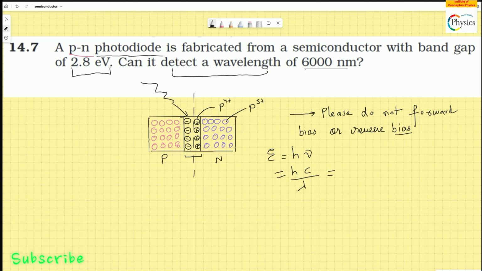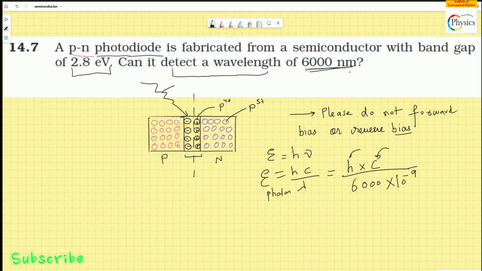So, for example, this is the wavelength you're referring to. So, h into c divided by 6,000 into 10 raised to power minus 9 meters, right? So, we will put the values of Planck's constant and the speed of light. So, this is the energy being referred to, which is the energy of the wavelength, the photon, right? So, this is the energy of the photon which is striking.